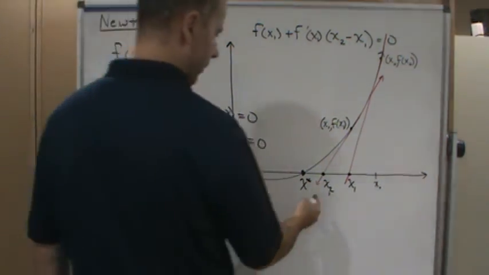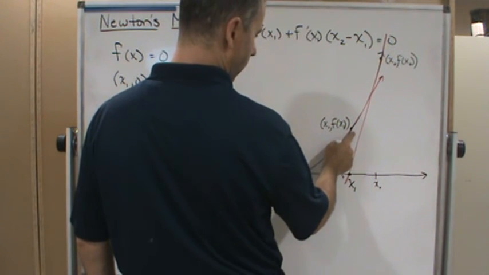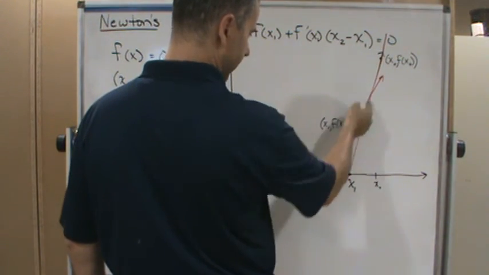Because now if we find x1, we get f of x1 and we form the tangent line here.